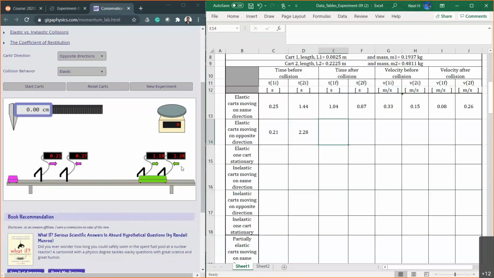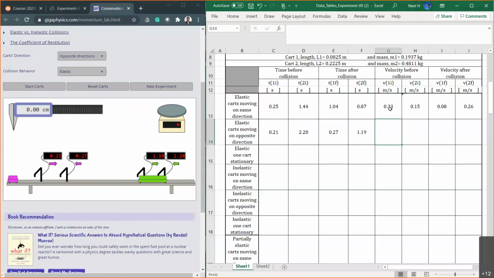There's no meaning putting the negative sign on the time. You can if you want to, nothing wrong, but we will put that negative sign after we calculate the velocities. Okay. And cart number 1 after collision, pink arrow, photo gate number 2, 0.27. Cart number 2 after collision, green arrow, photo gate number 3, 1.1.